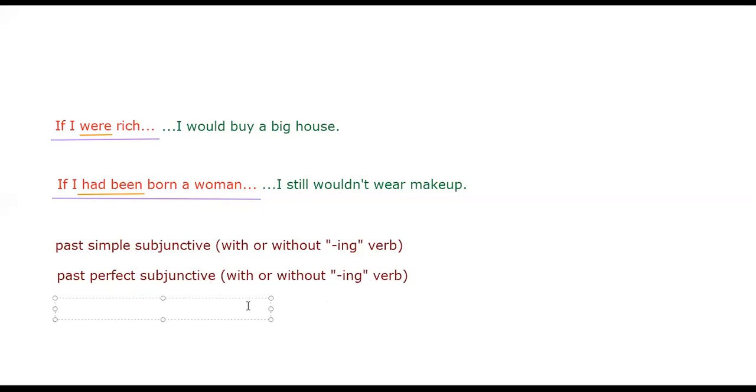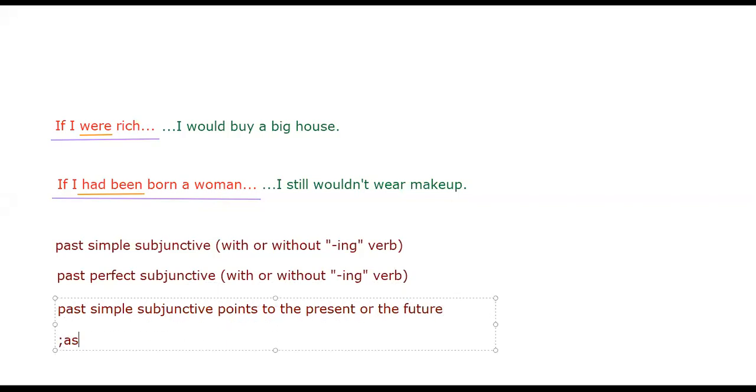Let me just type it down here, actually, that'll work. The past simple subjunctive points to the present, or even the future, really. The past perfect subjunctive points to the past only.